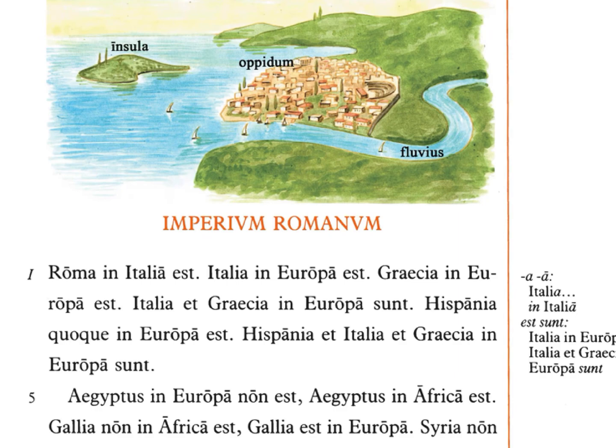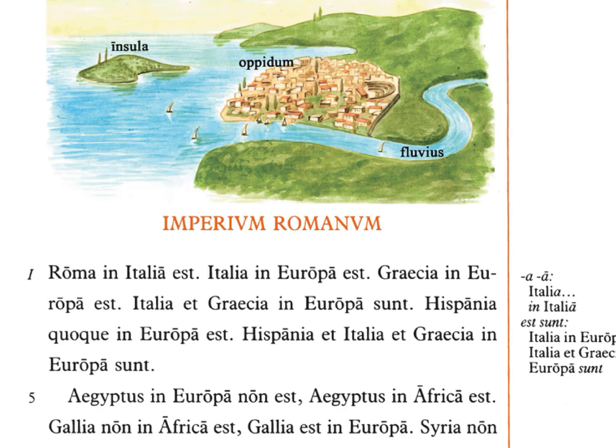And notice that Italia, unlike what we saw on the map, and you can see directly below there, has a long A on the ending. So in Italia, long A. And if you look just below that, you see Italia without the long mark on the A. So the difference is that when Italia is an object of the preposition in, it's in something called the ablative case, and that means that the A has to be lengthened.